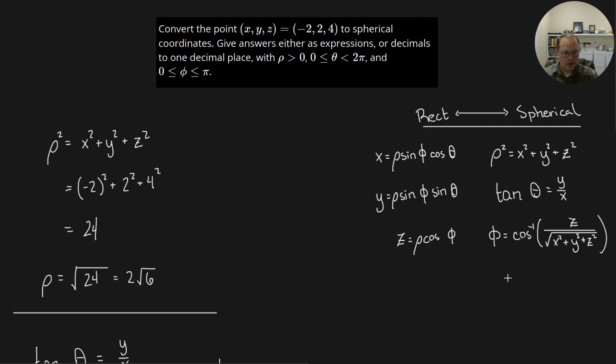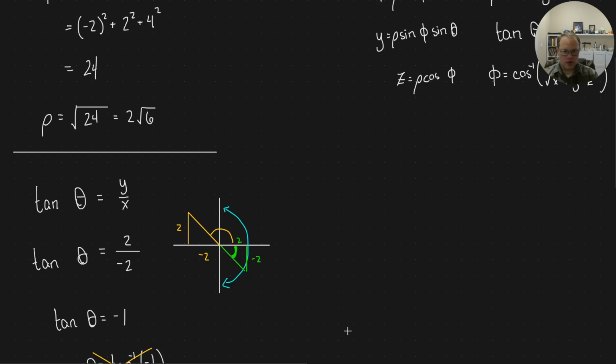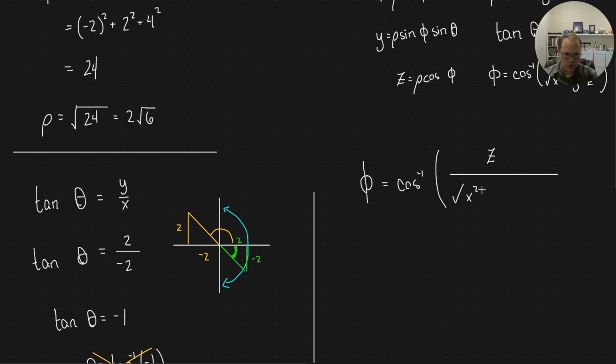Let's do phi. Phi's not too bad because I can calculate it exactly so long as I'm using a positive radius here. And I am. So final calculation, phi is equal to the arc cosine of z over square root of x squared plus y squared plus z squared.